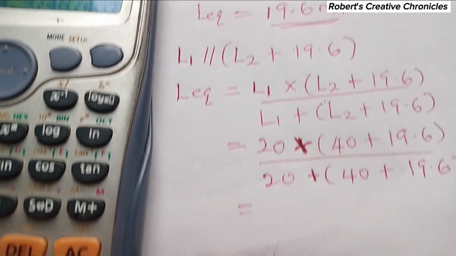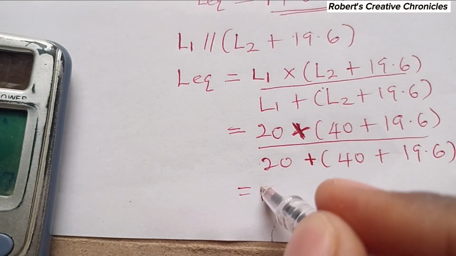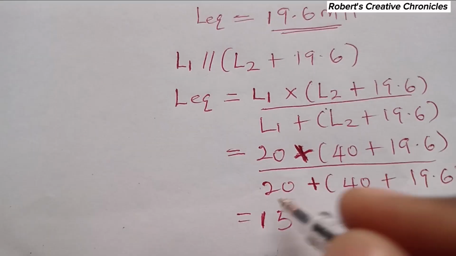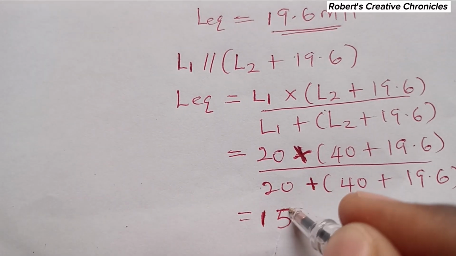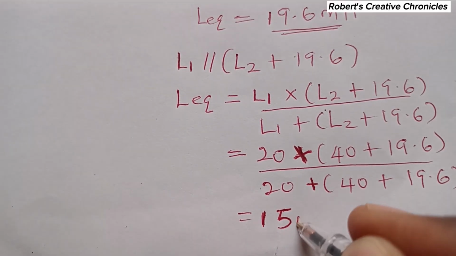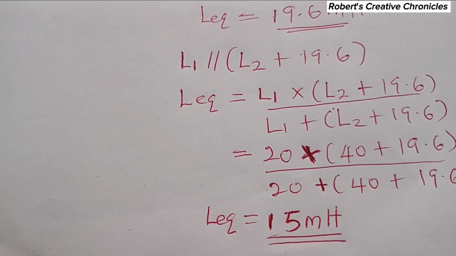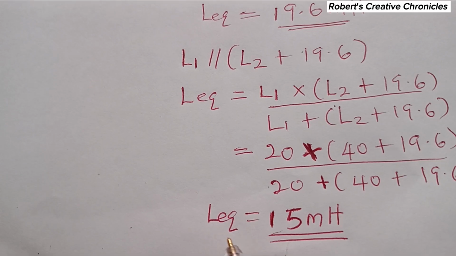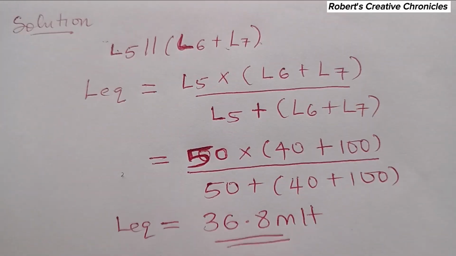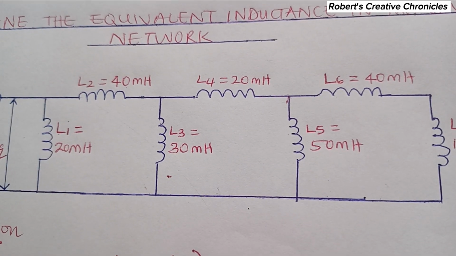Since it's the final inductance, we just approximate it. So the final equivalent inductance is 15 millihenry. That means the equivalent inductance of this circuit is 15 millihenry.